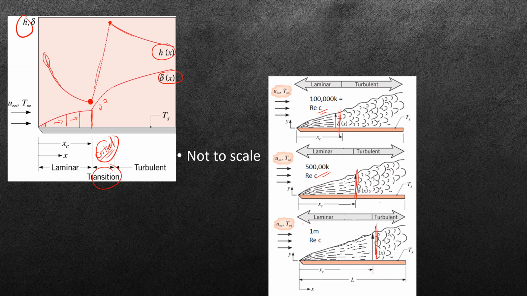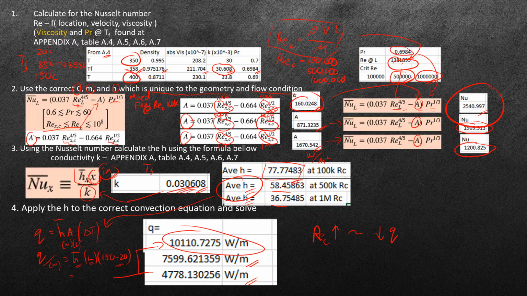This in turn will give us small values for h here, while here we have higher values for h. Of course, in proportion to the amount of surface area these high and low convection coefficients have, this will be reflected in your total heat rate, which we can see here.